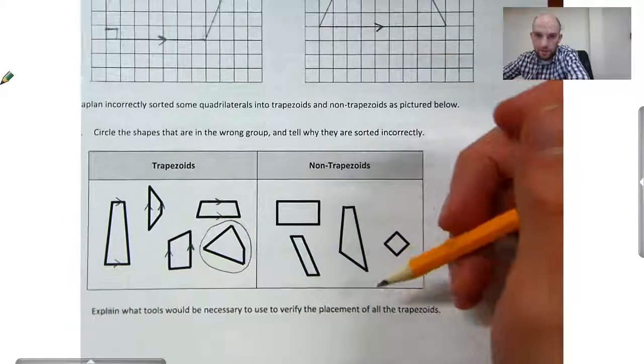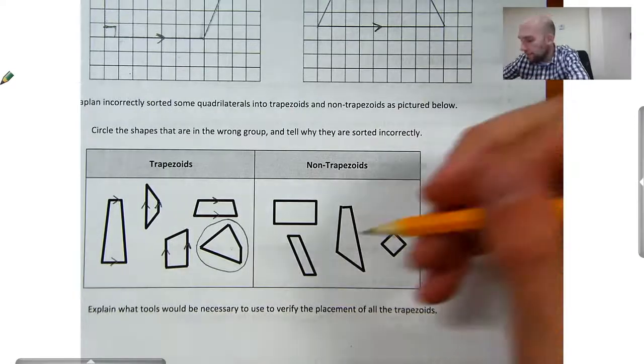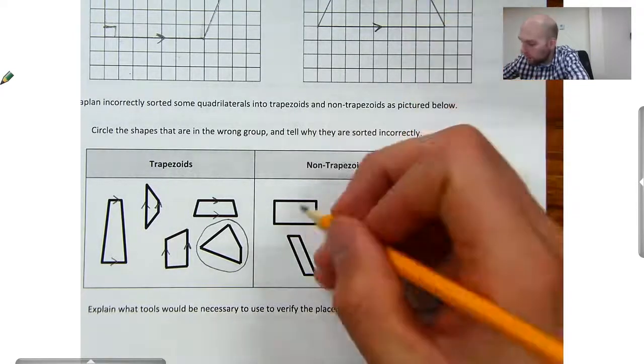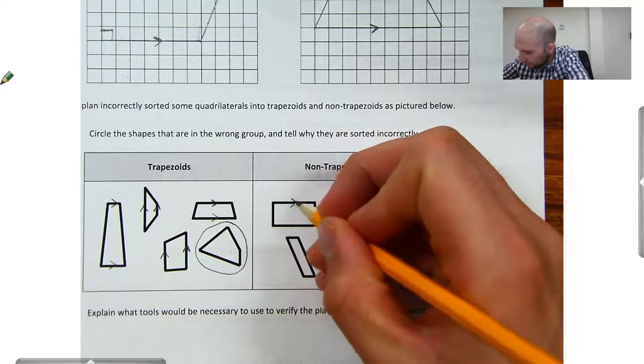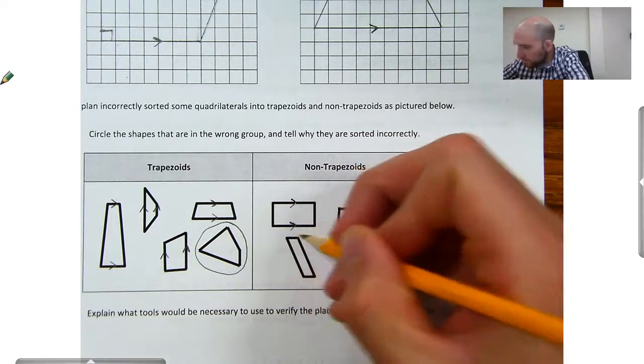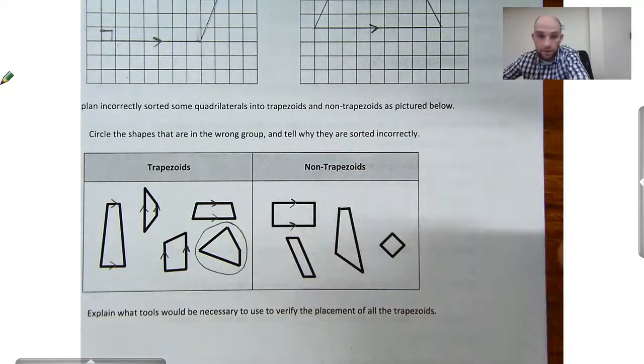Now let's look at the next category here. This one looks like a rectangle, but technically that rectangle is a trapezoid. We have at least one set of parallel sides. So a rectangle is a trapezoid by definition.